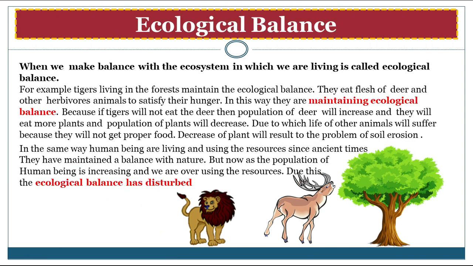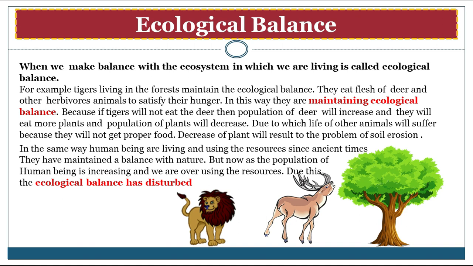Next topic is ecological balance. When we make balance with the ecosystem in which we are living is called ecological balance. For example, tigers living in the forest maintain the ecological balance. They eat flesh of deer and other herbivorous animals to satisfy their hunger.